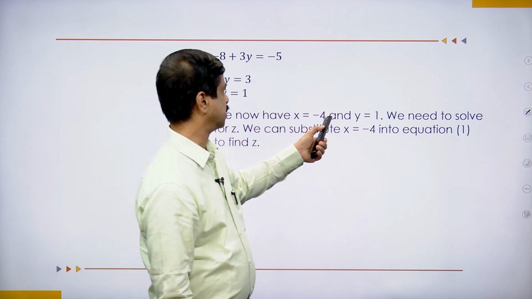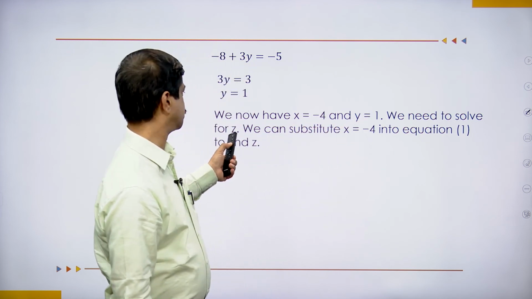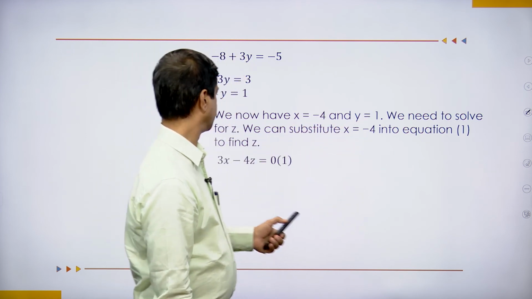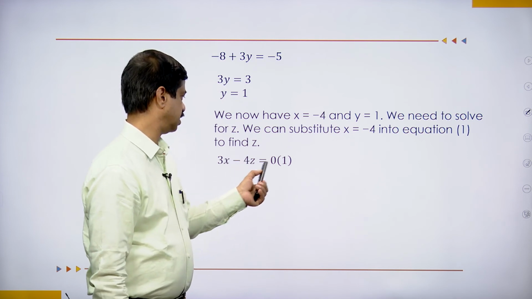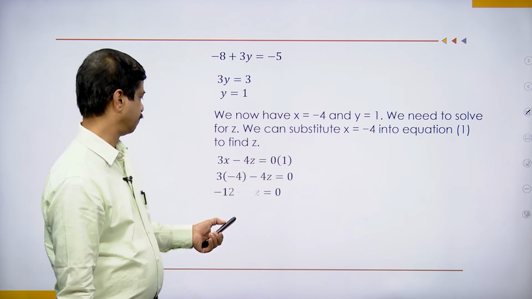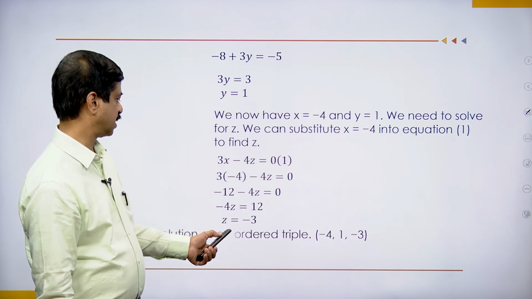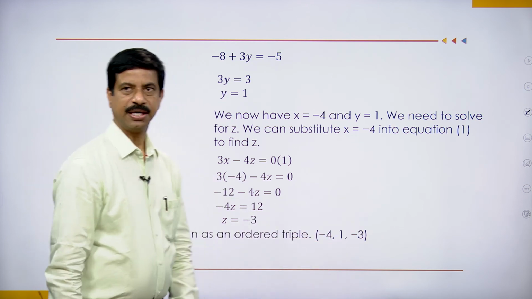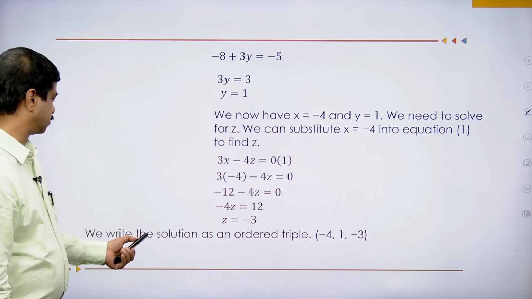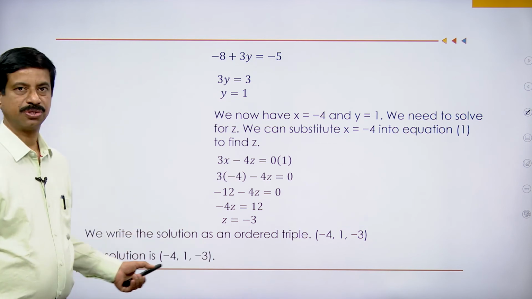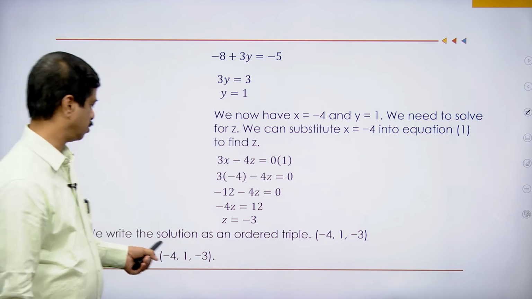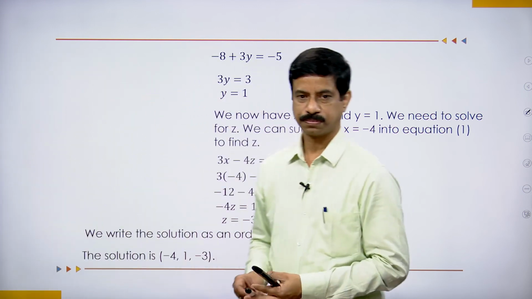So x is minus 4, y equal to 1. Substitute this and get the value of z. Then you can simplify this and get the values of x plus y plus z.